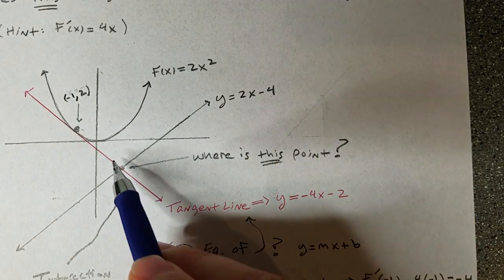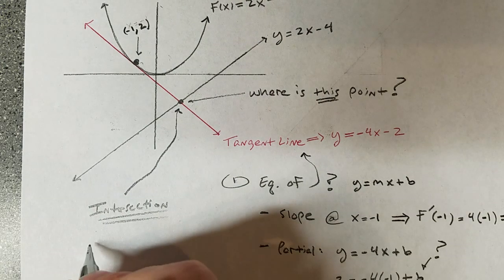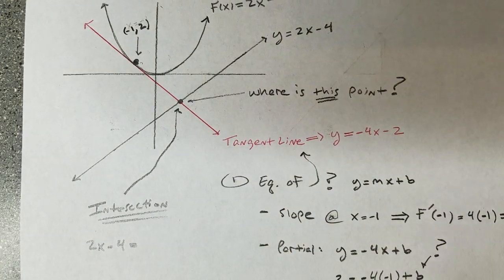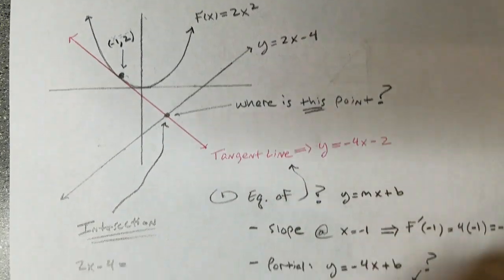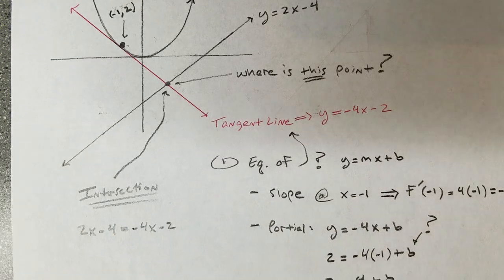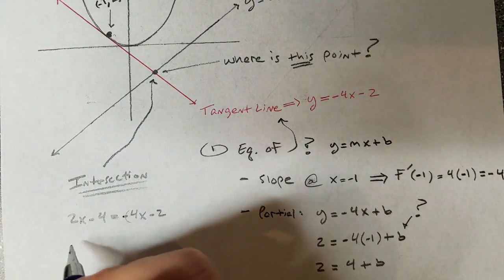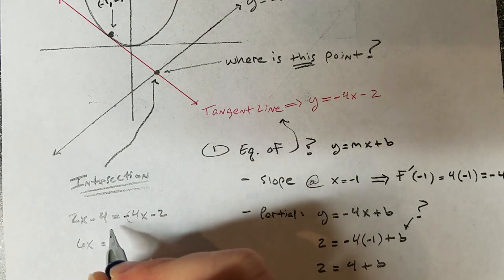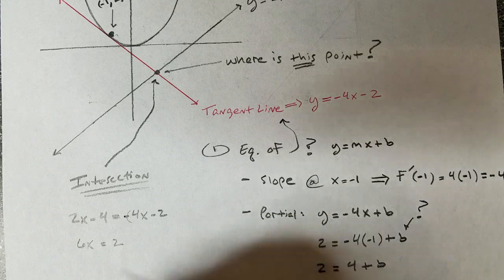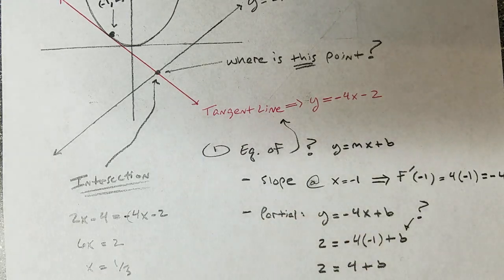That will take you to the point they meet at. So we'll take 2x minus 4, and then we'll set it equal to this other one, negative 4x minus 2. We'll solve that. If I move the negative 4x over, I'll get 6x. If I move the 4 over, I'll get 2. And then I'll get x is equal to 2 over 6, but that's 1 over 3.